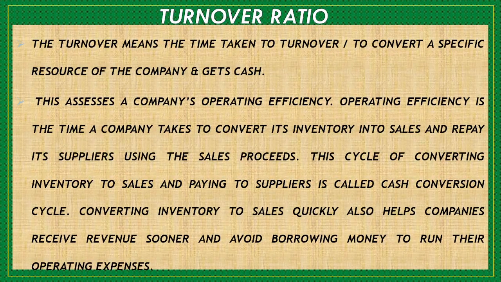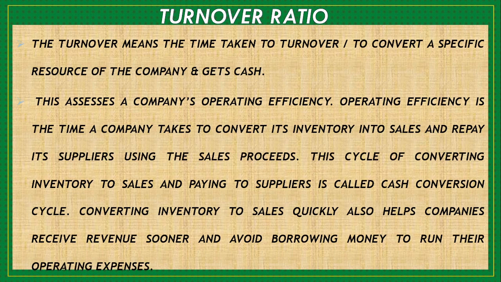Turnover ratio. The turnover means the time taken to turn over or convert a specific resource of the company into cash. This assesses a company's operating efficiency. Operating efficiency is the time a company takes to convert its inventory into sales and repay its suppliers using the sales proceeds.